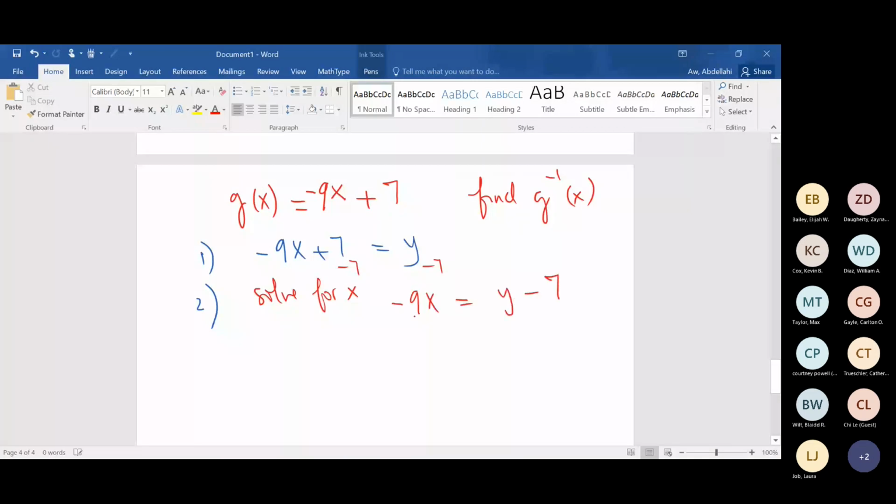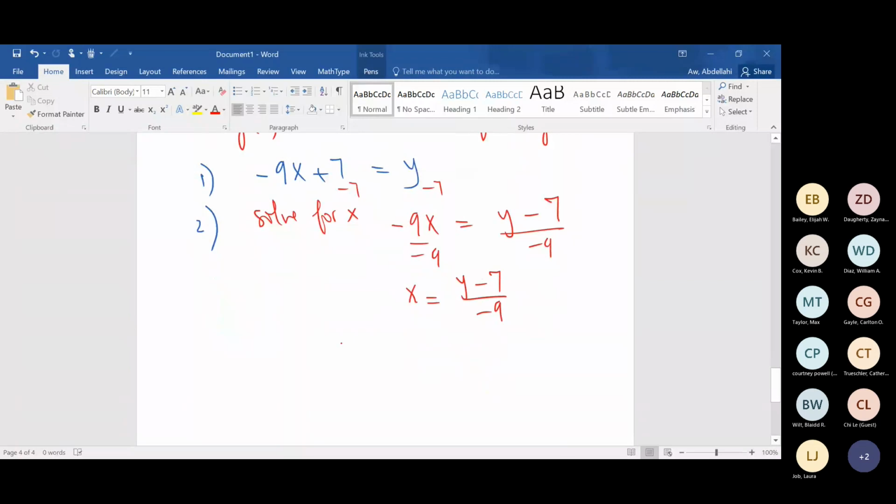So x equals y minus 7 over negative 9. So what's my answer then? For g minus 1 of x, what do I do to the y? I change it to x. It's going to be x minus 7 over negative 9. That's my answer.